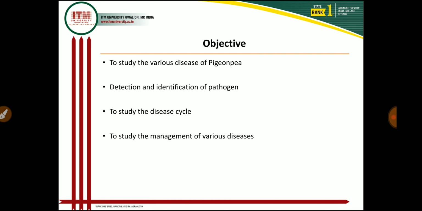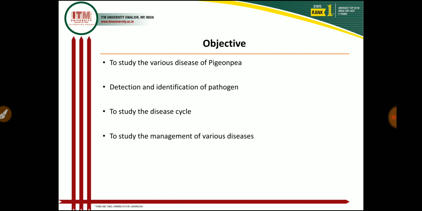Then the objectives of today's lecture. The first one is to study the various diseases of pigeon pea; as I told earlier, I cover only 4 diseases. Next, detection and identification of the pathogen, in which I explain the different pathogens or causal organisms causing diseases in the pigeon pea crop in field conditions, and how we detect them.